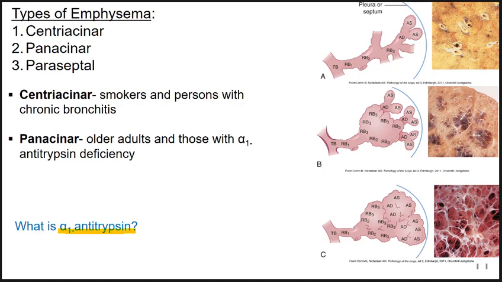Alpha-1 antitrypsin is a protein that's normally found within your lungs, but also found within the bloodstream. It acts to inhibit or stop the action of many proteolytic enzymes. Those that have a deficiency in alpha-1 antitrypsin, which is just genetic, have an increased likelihood of the development of emphysema because proteolysis in the lung tissue is not inhibited.